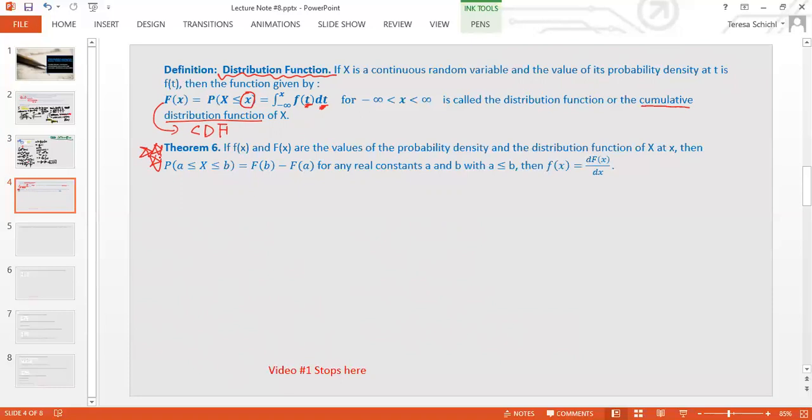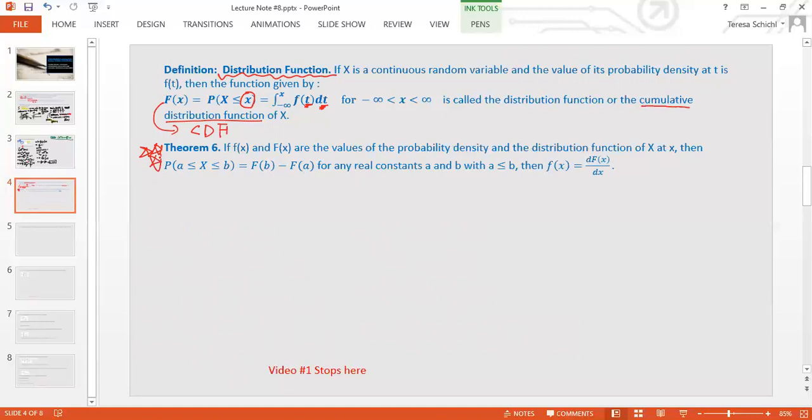Okay, so theorem number 6 is very, very important here, right? Let's say the lowercase f of x and the uppercase F of x are the probability density function and the CDF. That means the probability of x from a to b is equal to F(b) minus F(a).